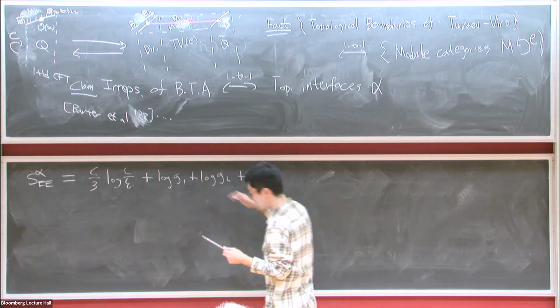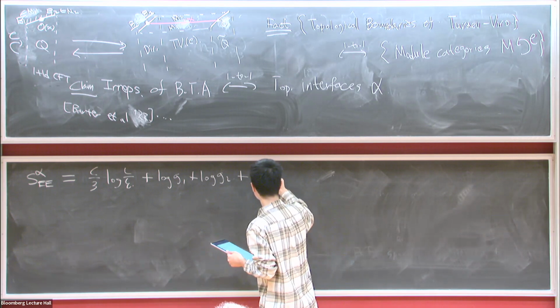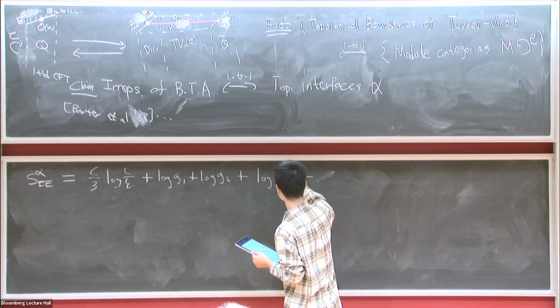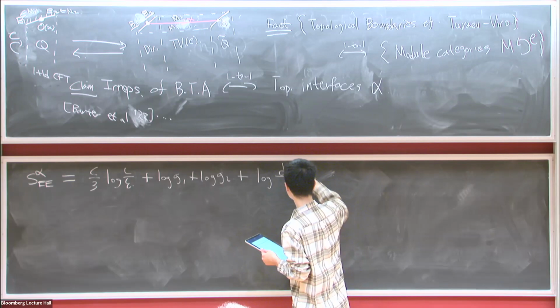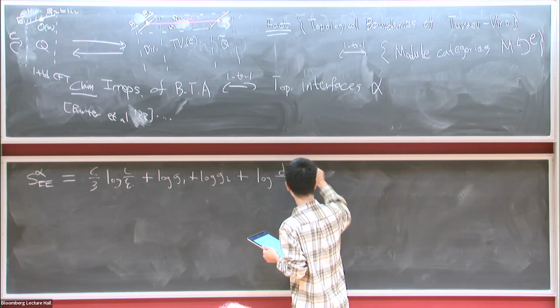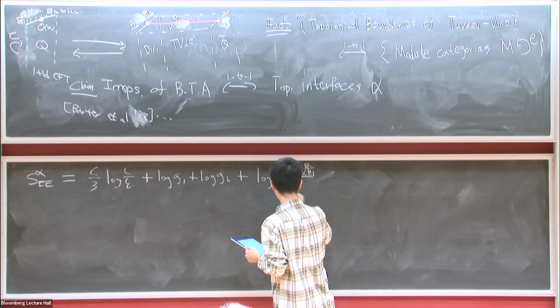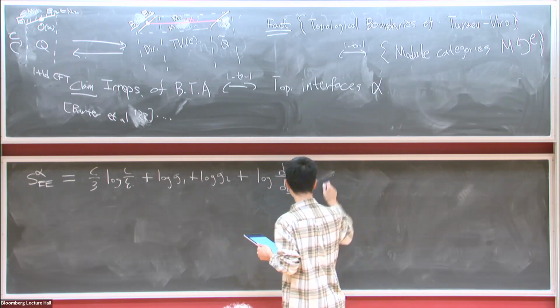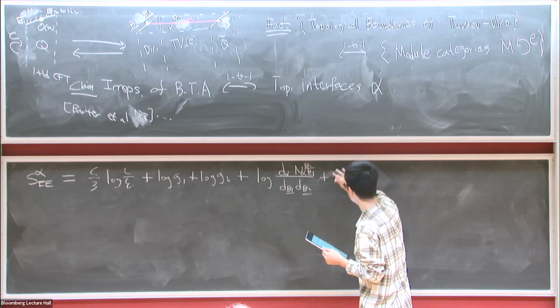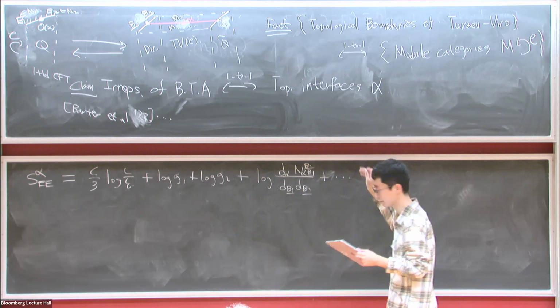And at the same order as the G functions, there is additional data, additional terms. There are corrections that come in powers of epsilon.